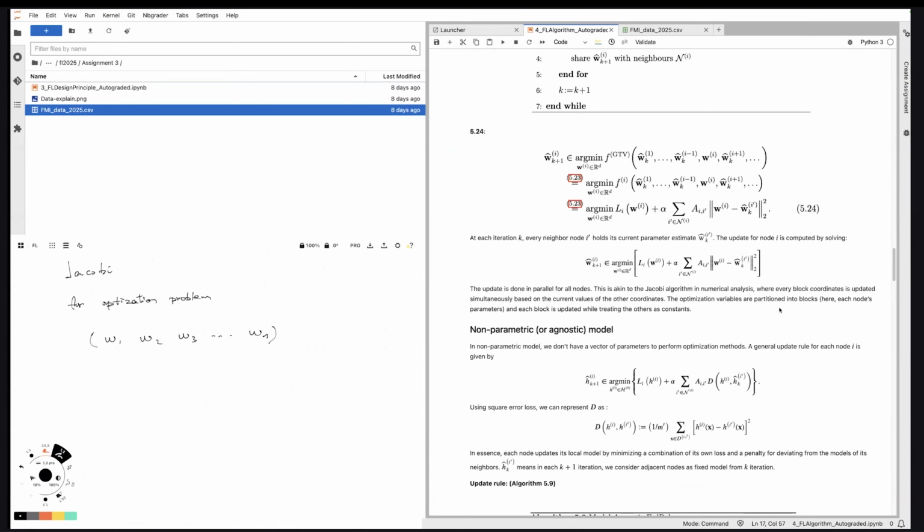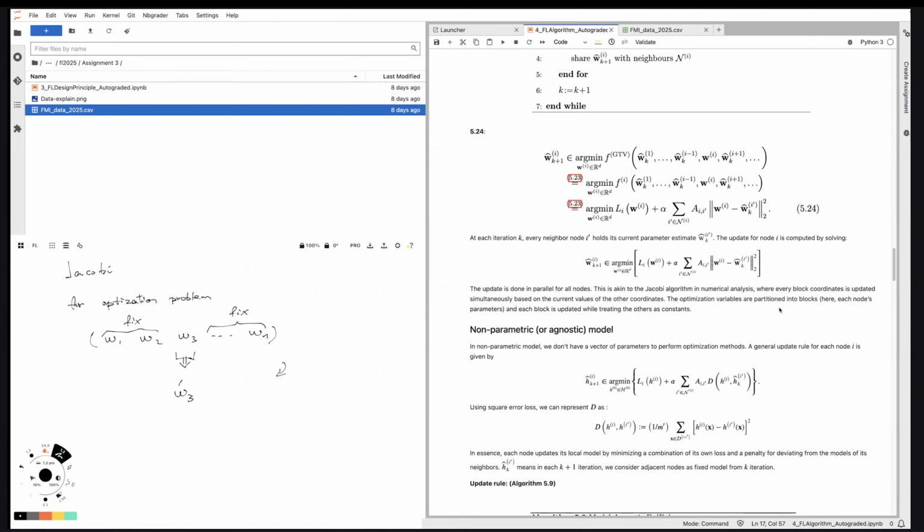For some reason, we cannot update all these parameters simultaneously. It might be too much computation, or simply impossible sometimes. Then how can we do that? For example, we update one parameter, W3, by fixing the other parameters. If we want to update W3, then we fix the others. We can only update one parameter, and it becomes relatively easy.